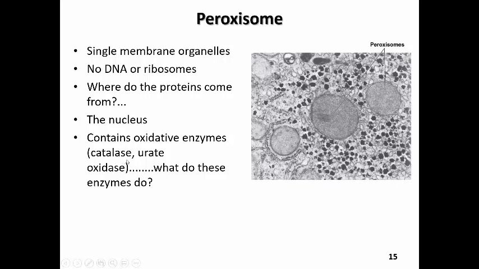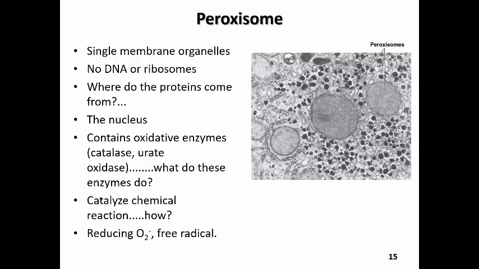Once again, here we're looking for the suffix "-ase," indicating that these are proteins that function as enzymes. What enzymes do is speed up, or catalyze, chemical reactions by reducing what's called an activation barrier. By reducing the activation barrier, enzymes will accelerate a chemical reaction.